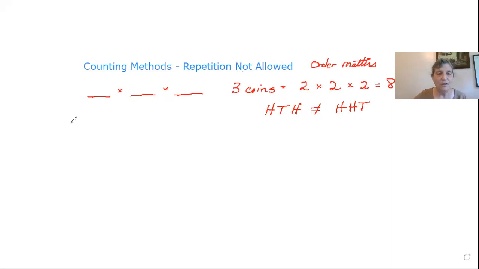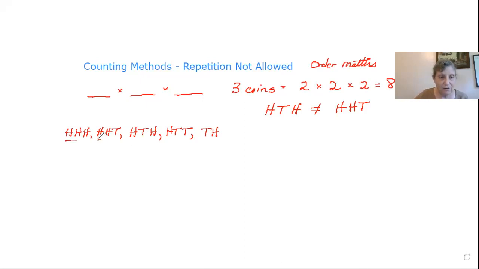So if we've got 3 coins, and repetition is allowed, order does matter, then we could have head, head, head, or head, head, tail. That's the only way to have 2 heads for the first 2 tosses. If we end up with a head and a tail for the first 2 tosses, the third one could still be a head or a tail.